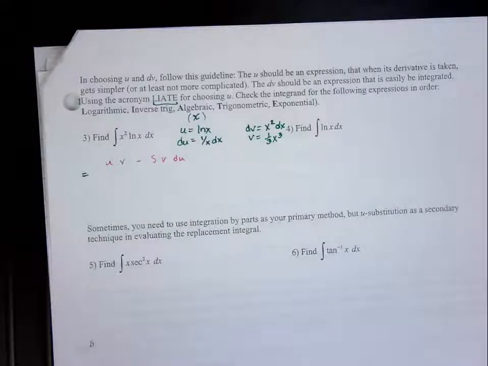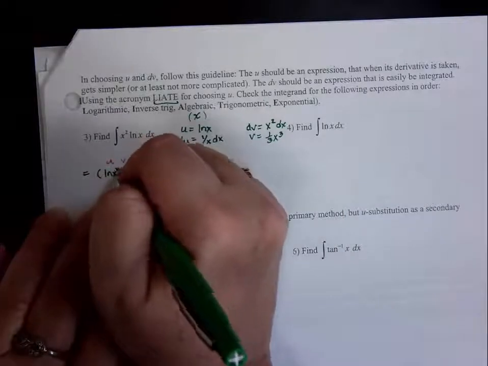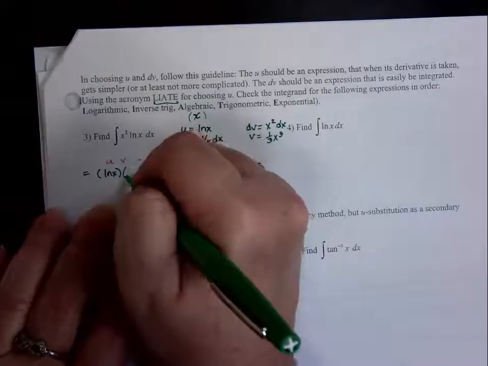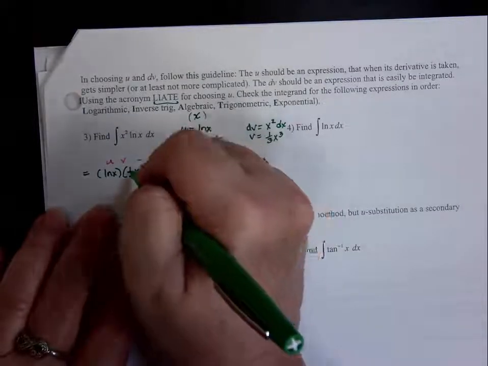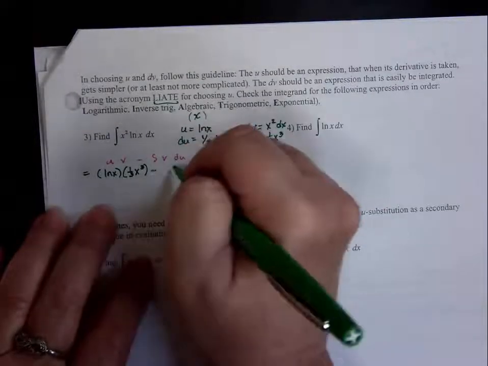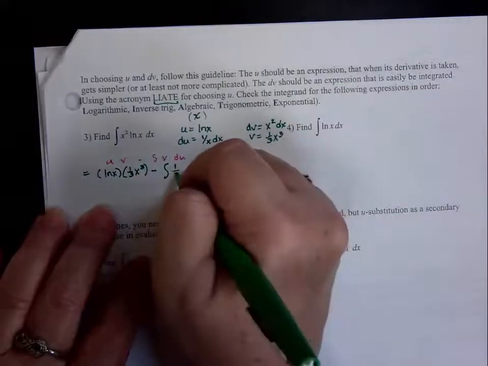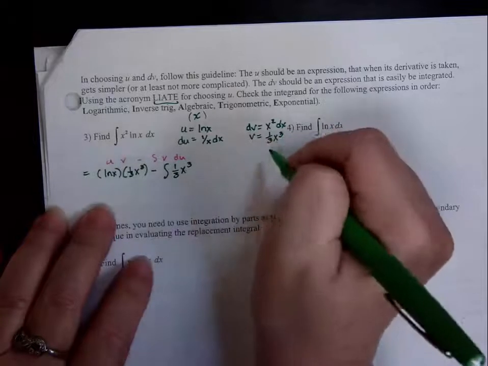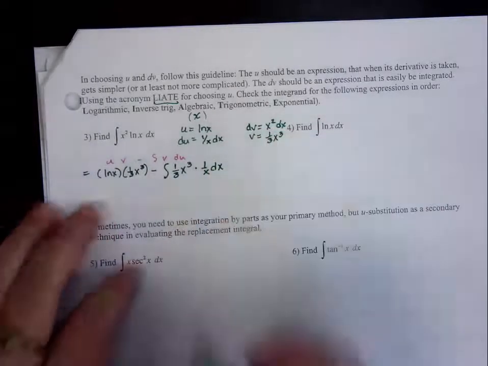Okay, so u is ln of x, v is 1/3 x to the third, sorry I'm writing so small, minus the integral of v, 1/3 x to the third, times du, 1 over x dx.